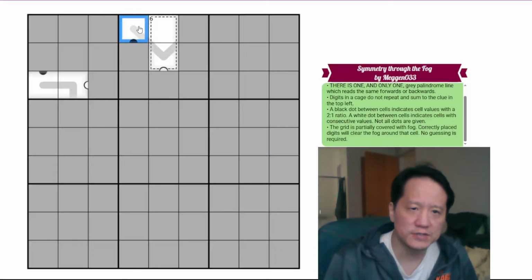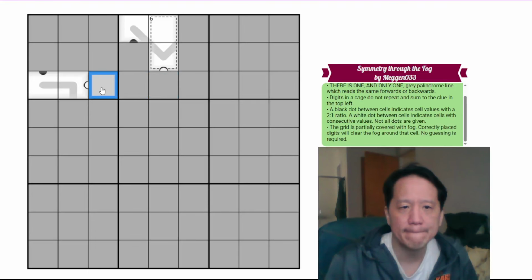Okay, so these are the same digit. These two are the same digit. So this digit must be consecutive with these two, right? And since they're in the same row, they must be two unique digits.